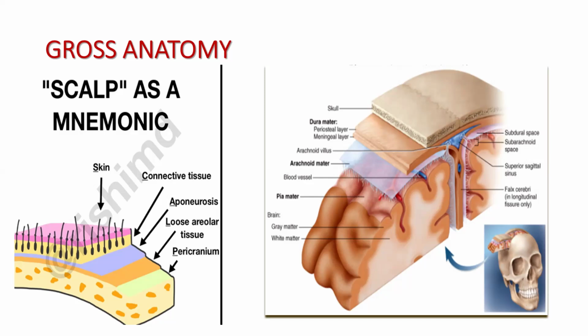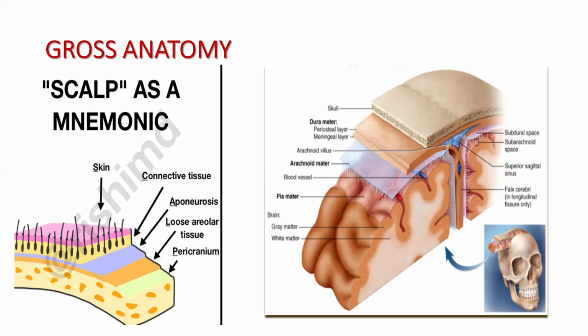Abubakar. Yes, Prof. Which area bleeds the most? The loose areolar tissue and aponeurosis, because it is highly vascularized. So yes, it is the loose areolar tissue, and the vessels are very intimate in that area and more elastic.